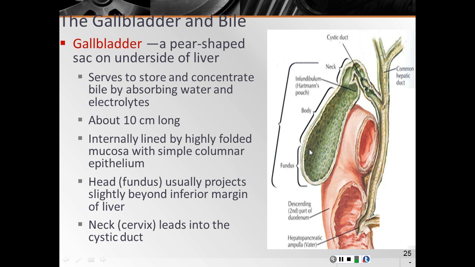This is the one that the book talks about, and it says how it projects slightly beyond the inferior margin of the liver. And this area up here is the neck, or the cervix, which leads to the cystic duct. So now you can see exactly what it looks like, especially the length, approximately 10 centimeters. Okay, now you get a visual of everything.